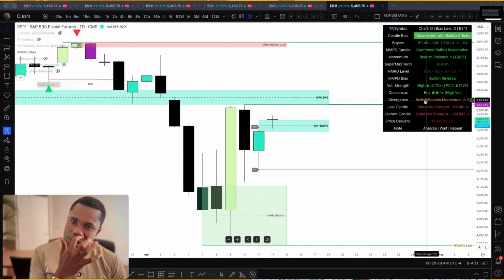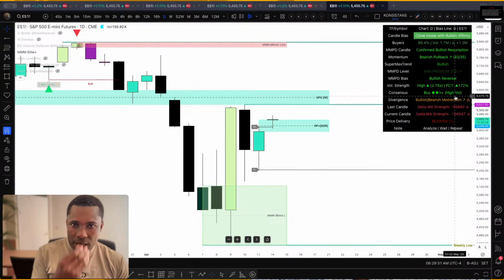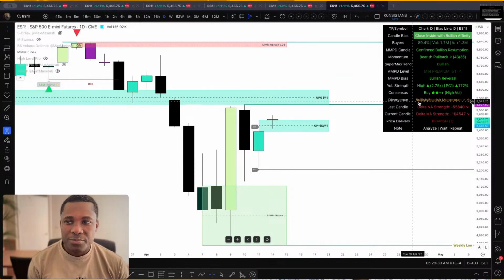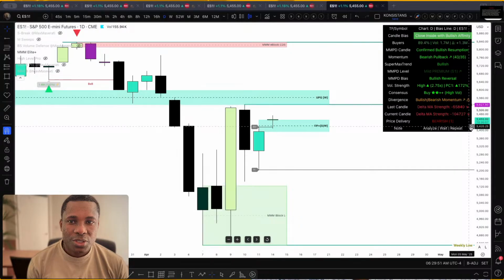Even you see the consensus is high volume. We have a bullish, but now we have a bearish momentum, but higher. So we don't really have a divergence because price is bullish and we are pushing higher, which means we have a bullish momentum pushing higher. If momentum was bearish, we would see this pointing down.